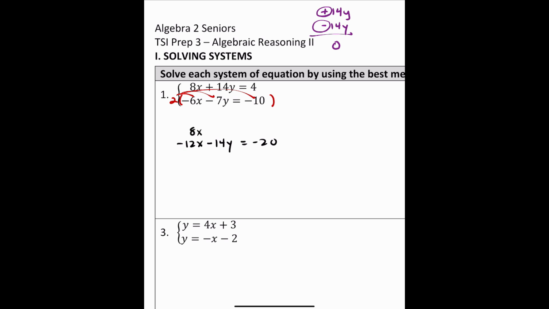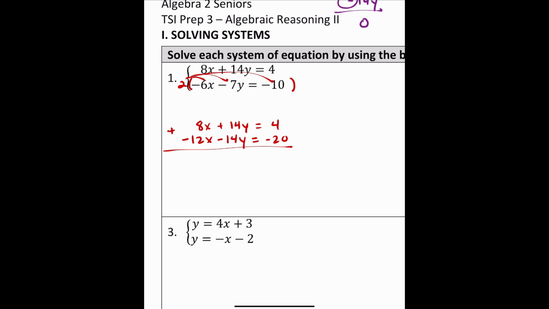So 8x plus 14y equals positive 4. Okay, so remember with elimination, we add vertically. So I'm going to go ahead and say, what is 8x plus negative 12x? Well, that's going to be negative 4x. And then we have positive 14y and negative 14y.